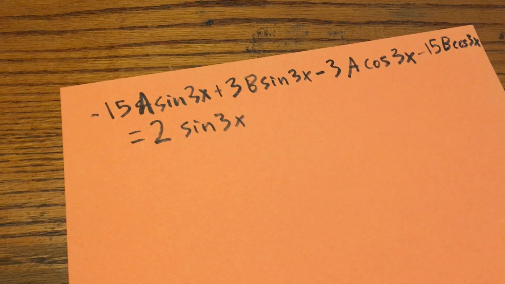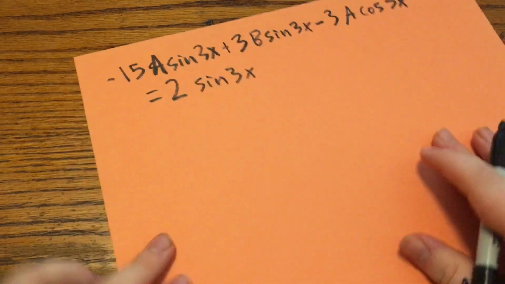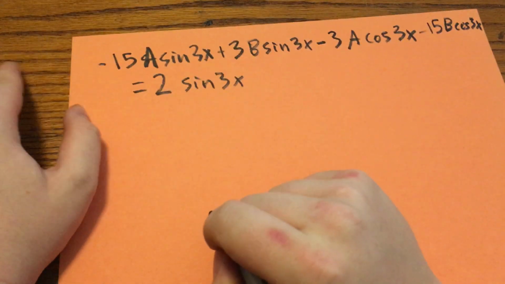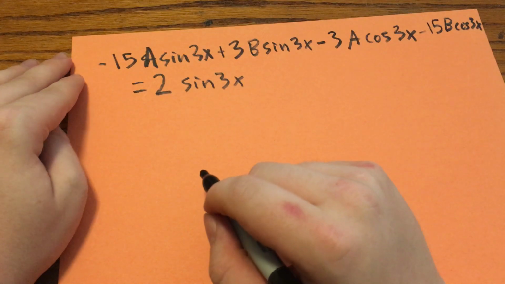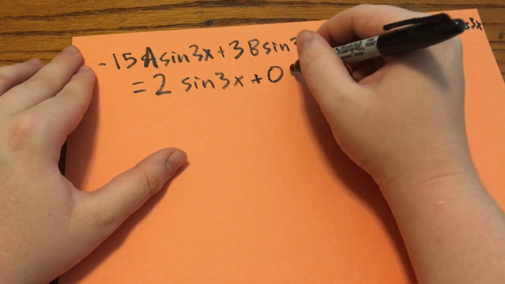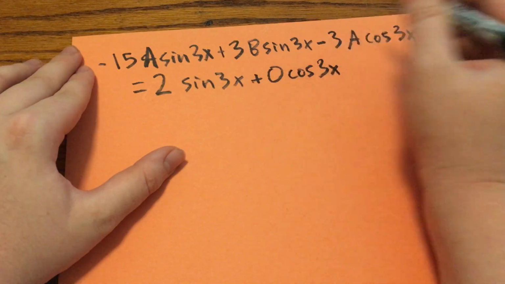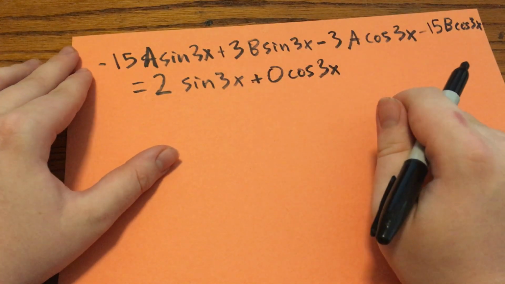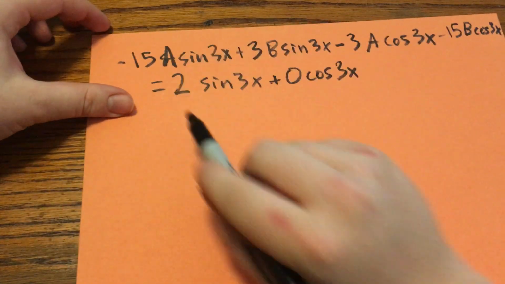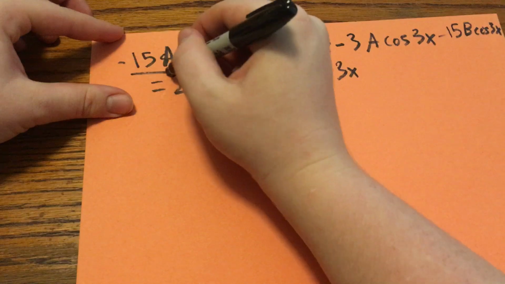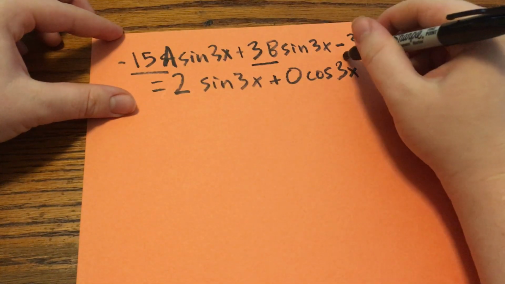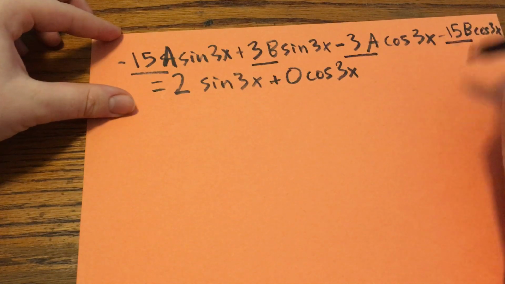Now all we have to do is make a system of equations to solve for this. As we can see, there is no cosine term, so we can just write 0 cosine of 3x, and that makes it a little simpler. We see that the coefficients for the sine terms are negative 15a and 3b, and the coefficients for the cosine terms are negative 3a and negative 15b.